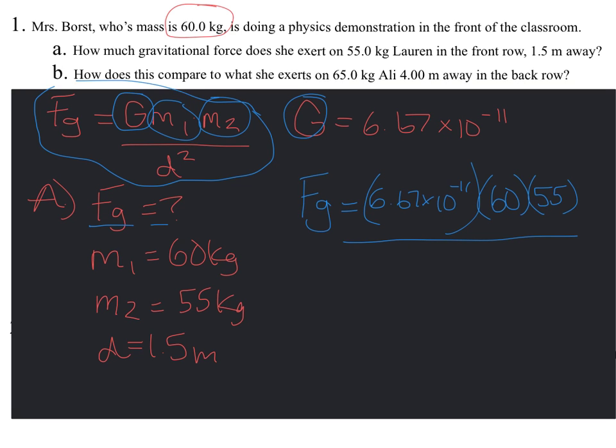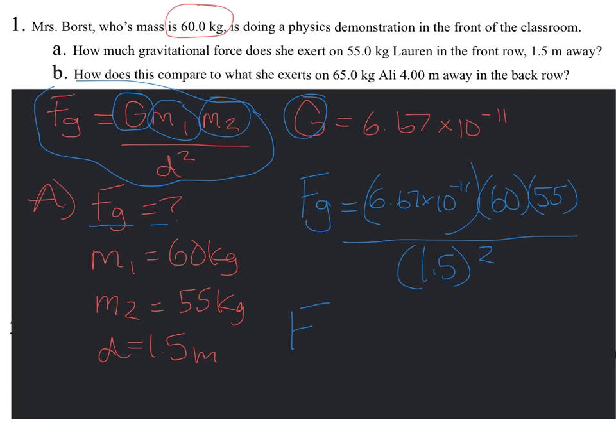And then on the bottom, since the distance is 1.5 meters, it's going to be 1.5 meters away. And don't forget to square it. The squaring is important. Remember, distance affects gravity through the inverse square law. So as you get further away, inverse square of that would tell you that the gravity decreases. If you get closer together, that just tells you that gravity would increase.